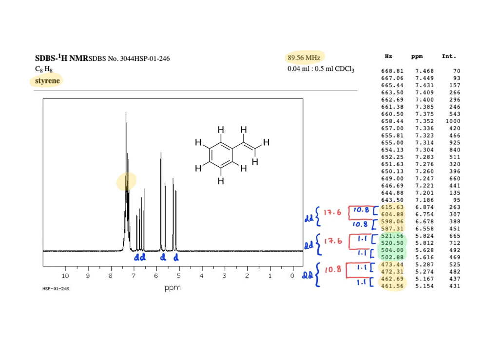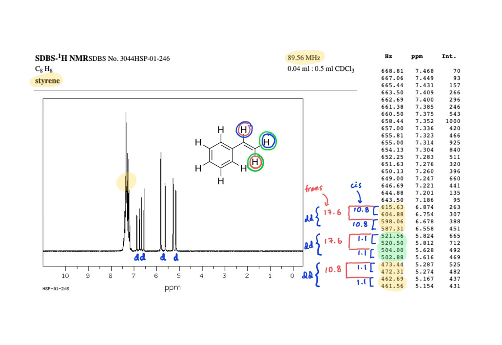This tells us that the 17.6 coupling constant must belong to the hydrogens that are trans to each other, whereas the 10.8 coupling constant is for the hydrogens that are cis to each other. And the two hydrogens on the same carbon are chemically non-equivalent.